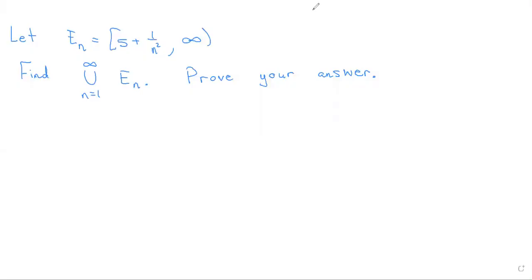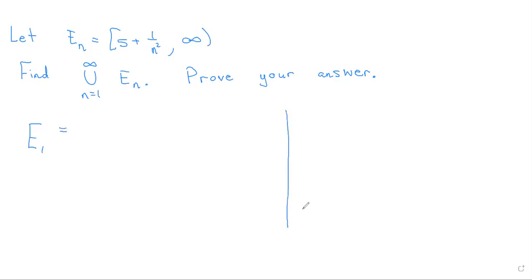Hello. So the next problem we will be doing is number 16, and we have to let E sub n equal the interval from 5 plus 1 over n squared to infinity. So first, we have to find the union, and we start at n equals 1.